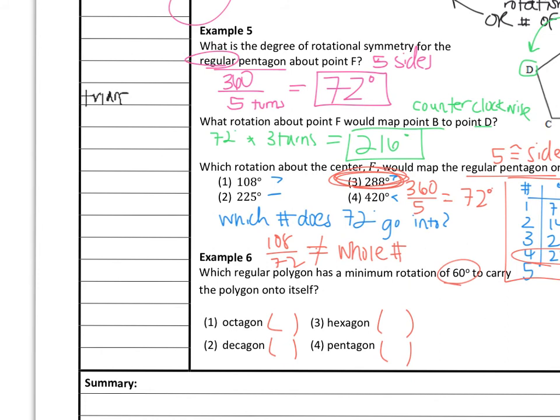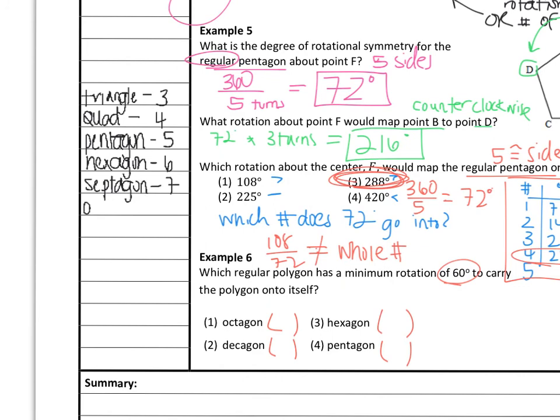So a triangle has 3. Quadrilateral has 4. Pentagon, 5. Hexagon, 6. Something called a septagon has 7.